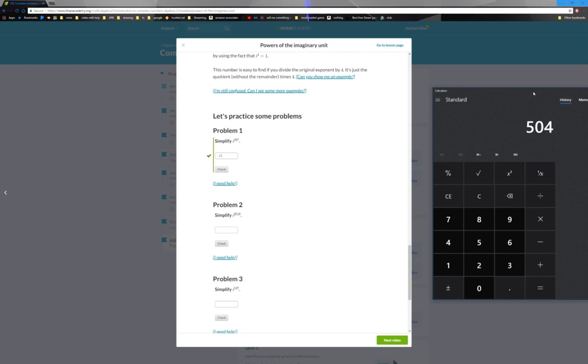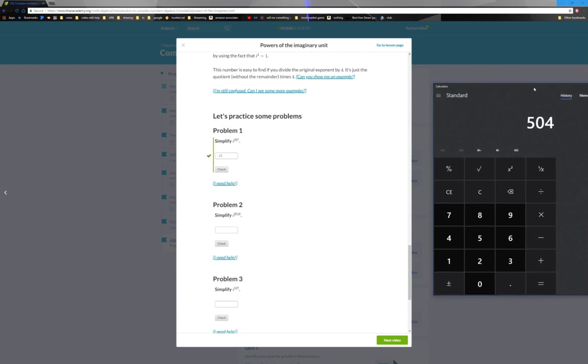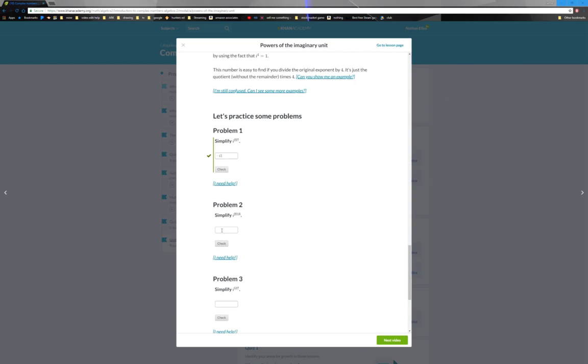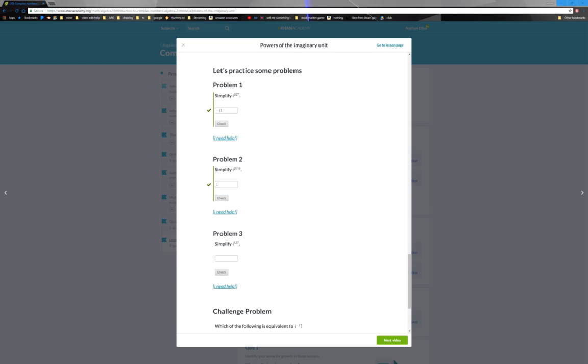Well, it comes out to 54 even. So 216 is divisible by 4, so we know that since this is divisible by 4, i to the 216th just equals 1. So we'll check. Yep.